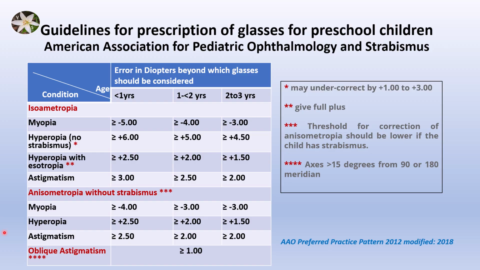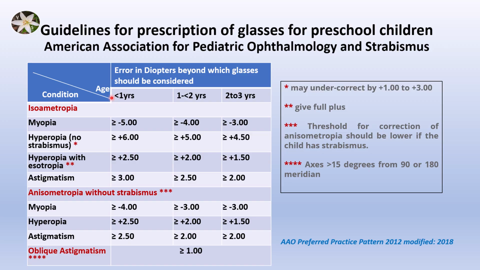For hyperopia, the guidelines without strabismus and with strabismus are different. In the same way, for anisometropia, without strabismus and with strabismus are different. Must remember that the threshold for prescribing glasses when these refractive errors are associated with strabismus is lower than when they are not associated with strabismus.